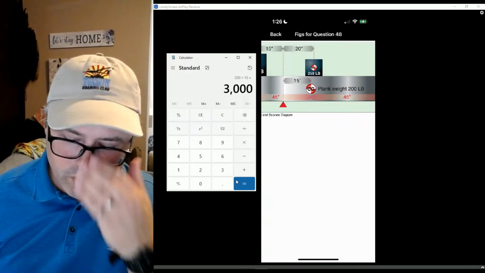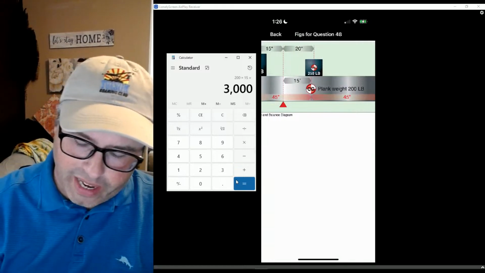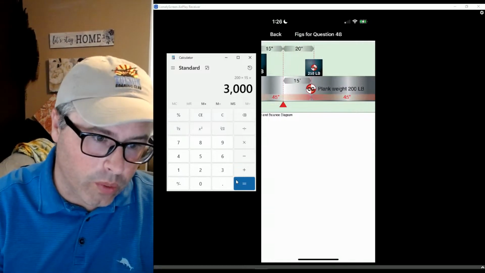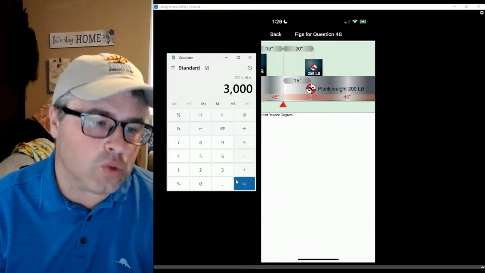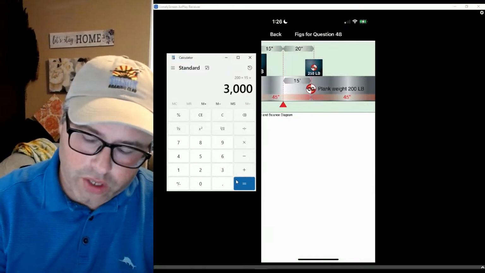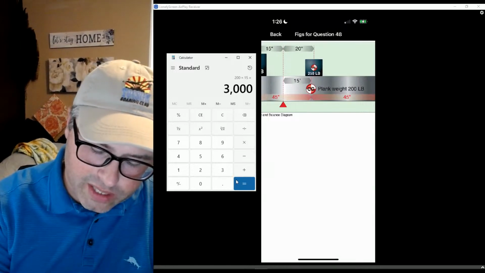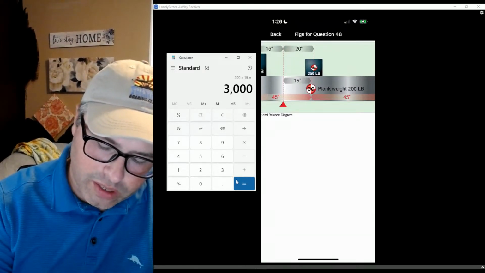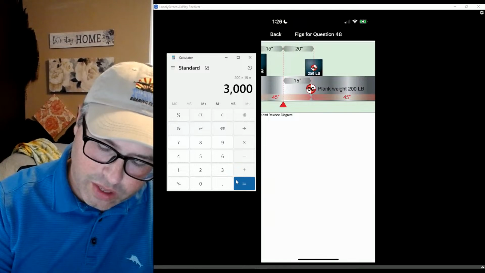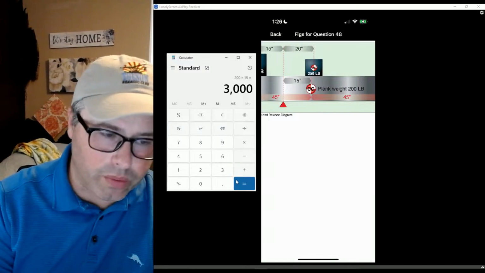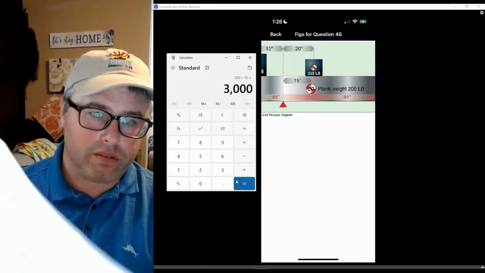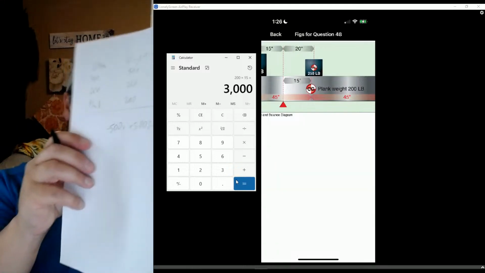So we add up the moments. If it balances, the moment is going to be equal to 0. So let's add up those moments. Negative 500x plus 5,000 plus 3,000 equals 0. Just set it up like a normal weight and balance problem.